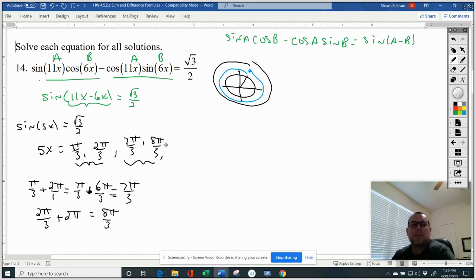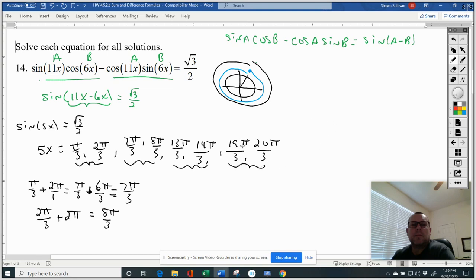So my next intervals would be 13 pi over 3, 14 pi over 3, and then we have 19 pi over 3, 20 pi over 3. So there's 1, 2, 3.